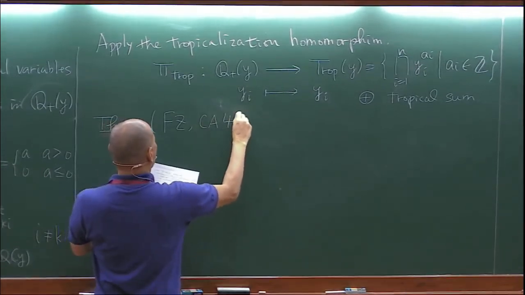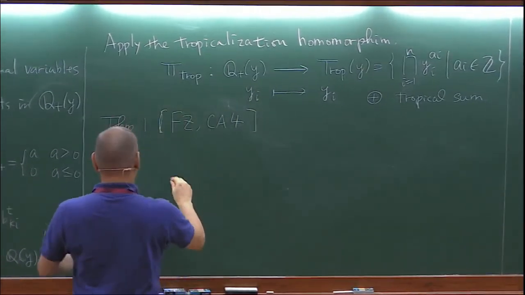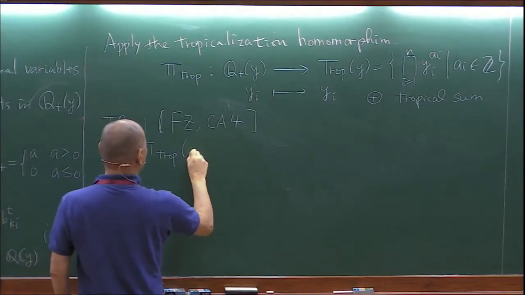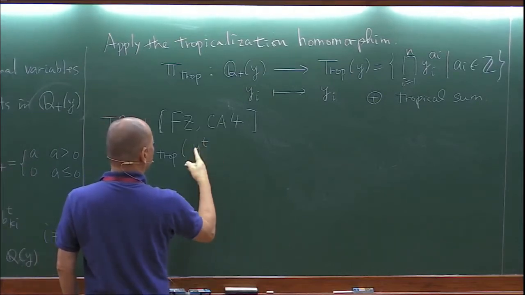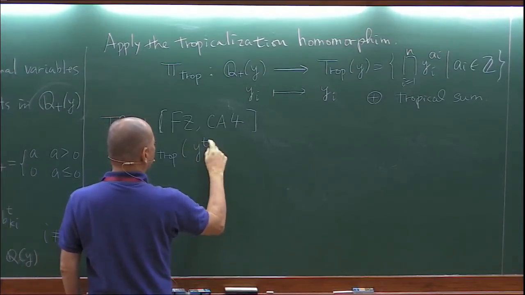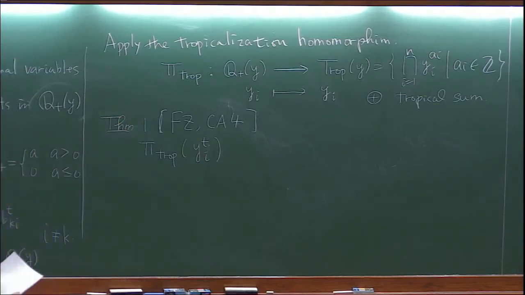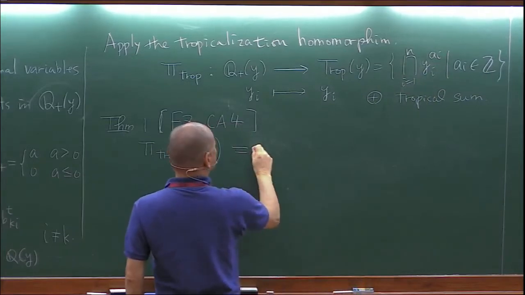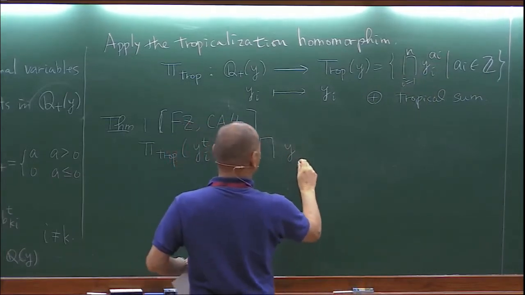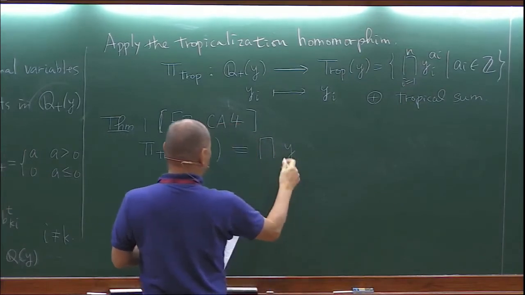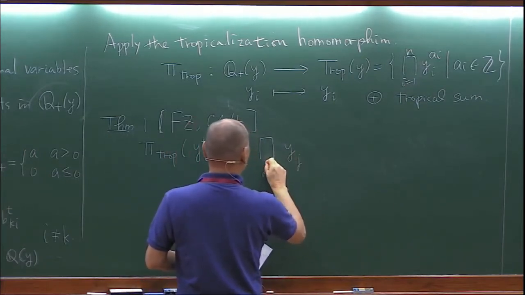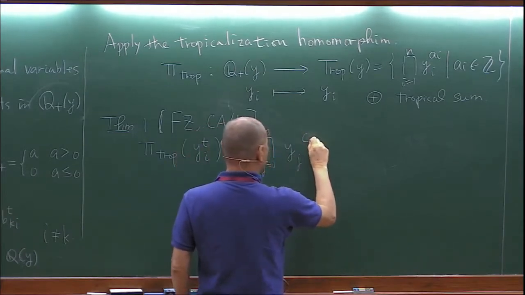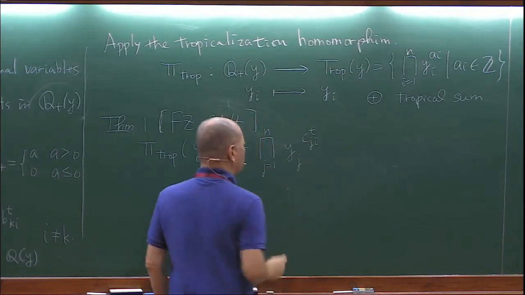The image of this tropicalization of your y variable at point t is, of course, something like this. It is a Laurent monomial of such things, and the exponent is exactly given by this C matrix.